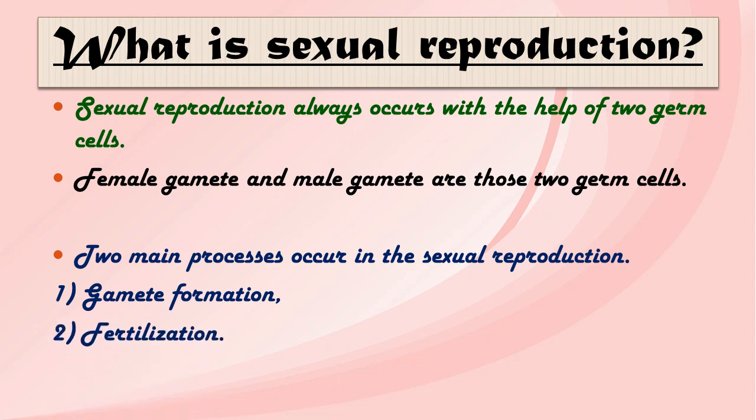Then by the fusion of the male gamete and female gamete, that is, the sperm fertilizes the egg cell, the process of fertilization takes place, and by fertilization a diploid zygote is formed.